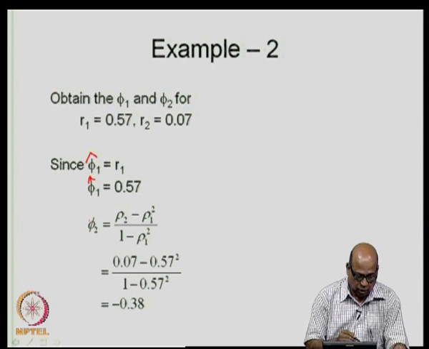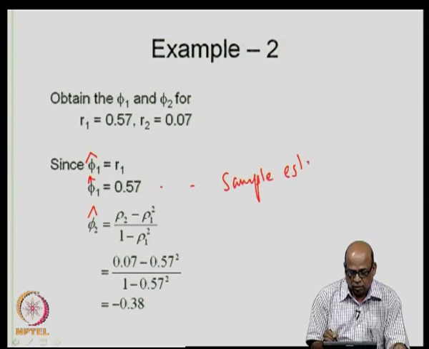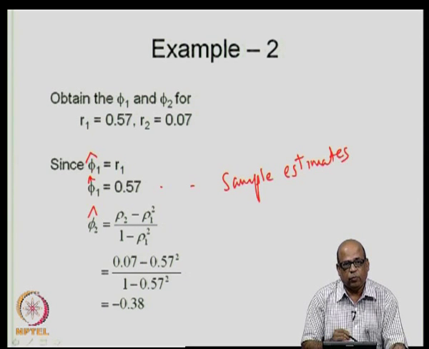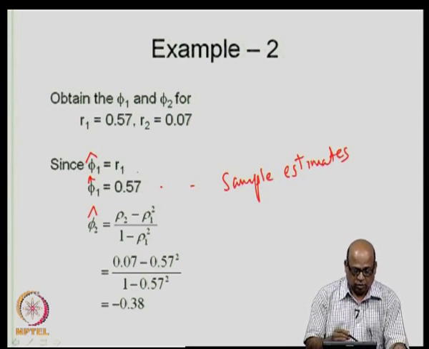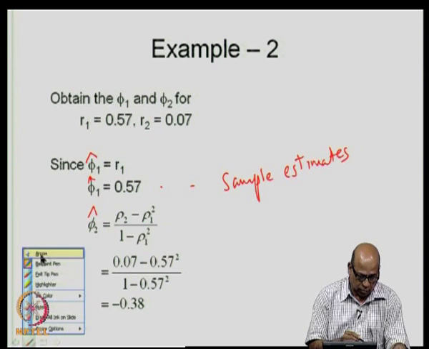Similarly, phi 2 cap I can write it as, these are sample estimates, because you are estimating rho 1 from the sample, and therefore, the sample estimates for the PAC are also denoted as phi 1 cap and phi 2 cap and so on.